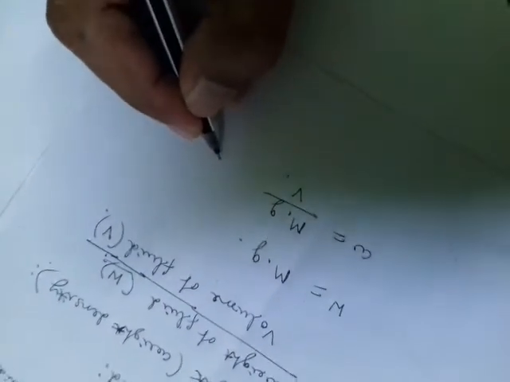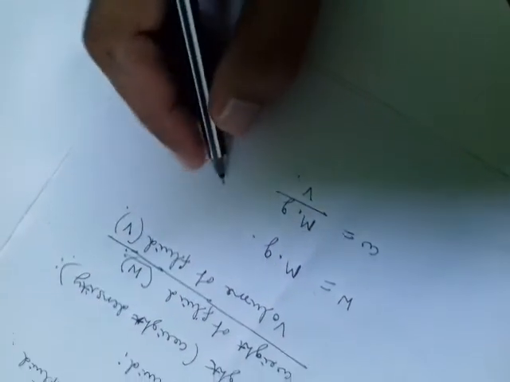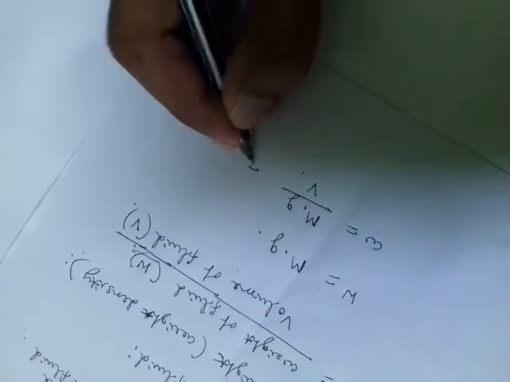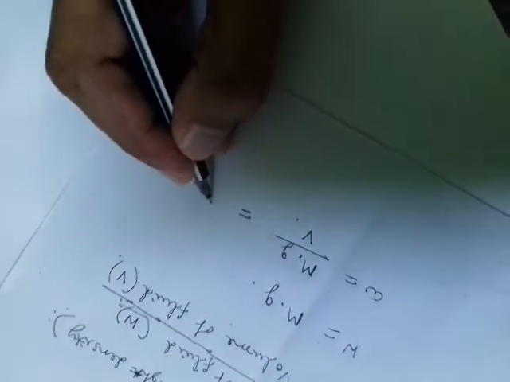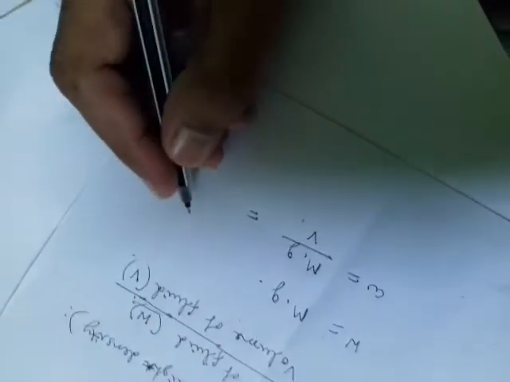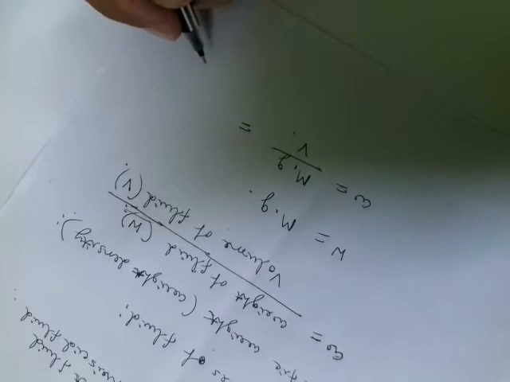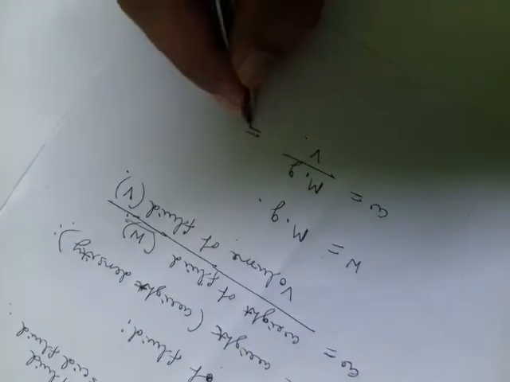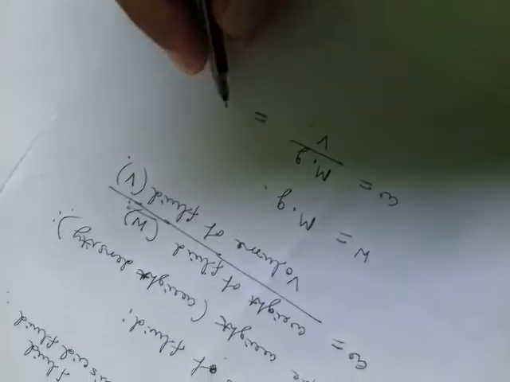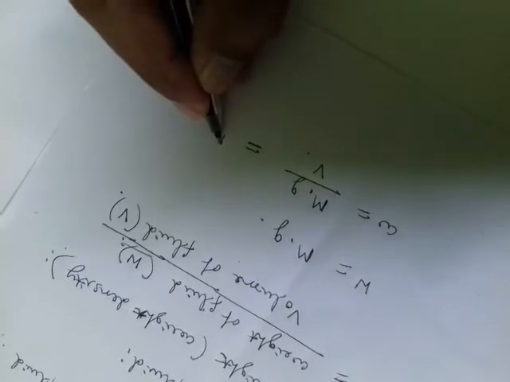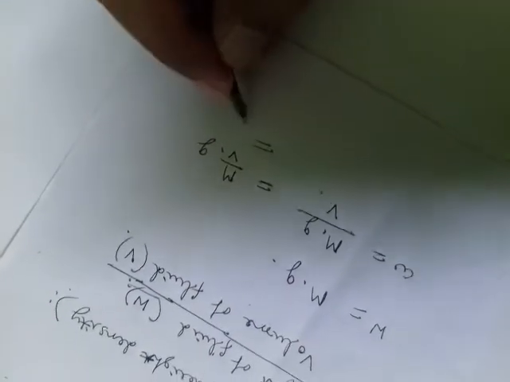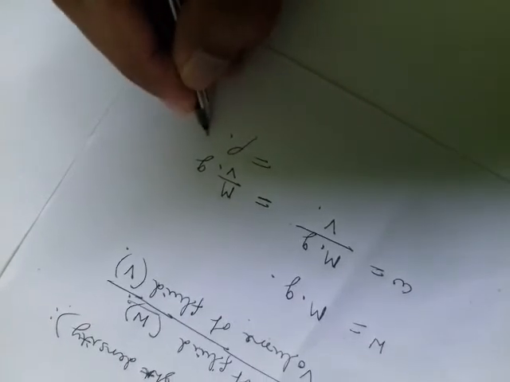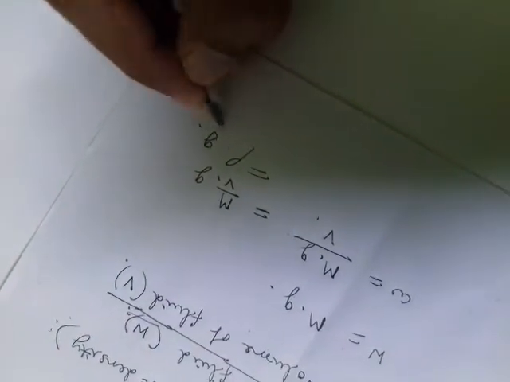Now we can also write that m by V is actually density. We have known it in physical science, and we shall know this term in this present chapter. So m by V is density, denoted by rho, into g.